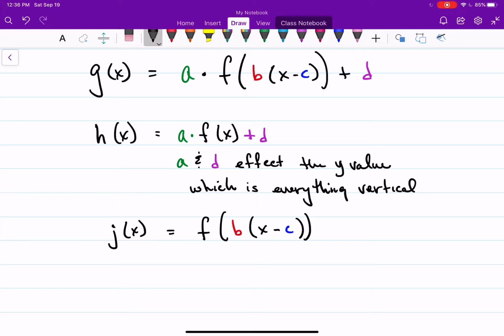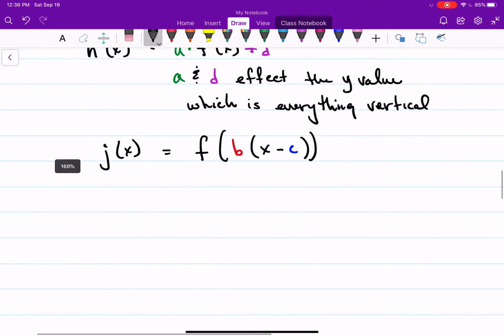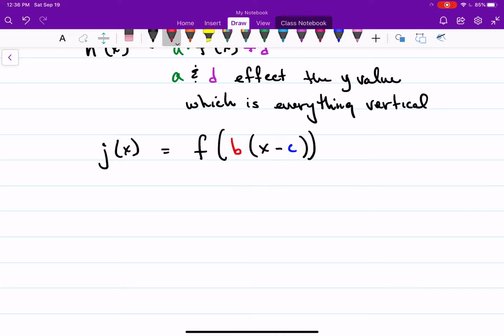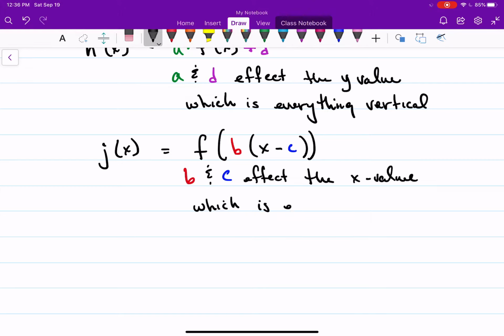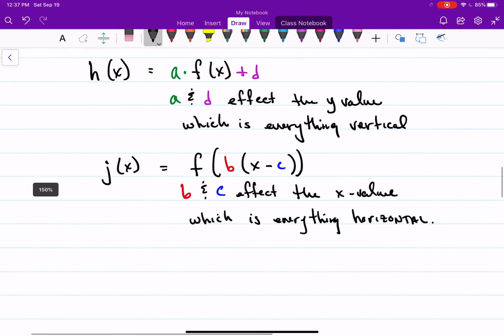Anything inside that parentheses is where we say, anywhere there's an x, replace it with anything inside that parentheses. So b and c would actually affect the x value. So b and c affect the x value, which is everything horizontal. Okay, so there we go.